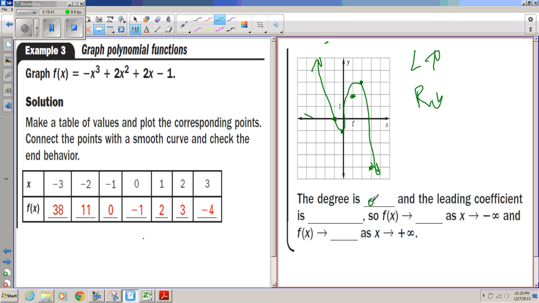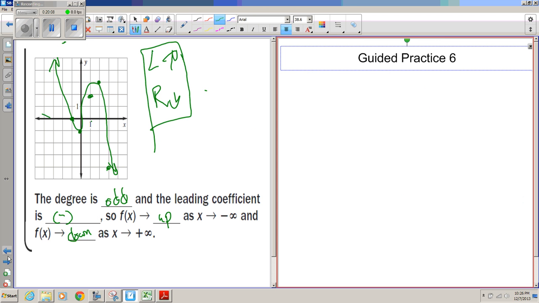The degree is odd, and the leading coefficient is negative. So the y value goes up to the left and goes down to the right. Like I said, using layman's terms here so you understand the process is fine.